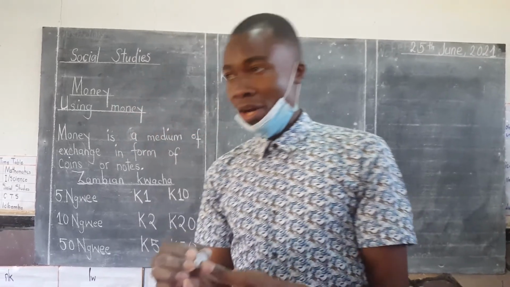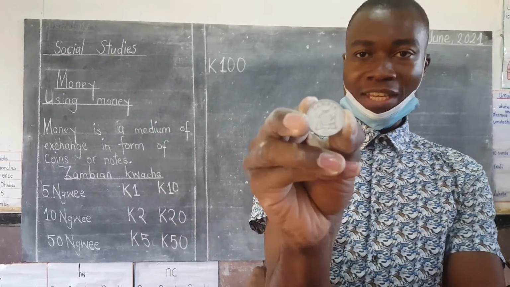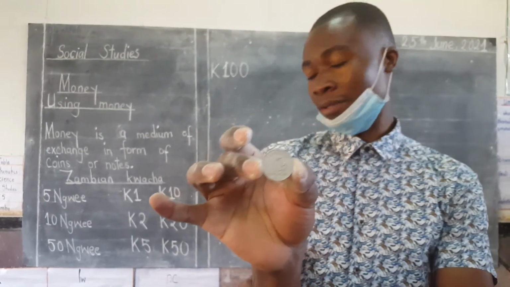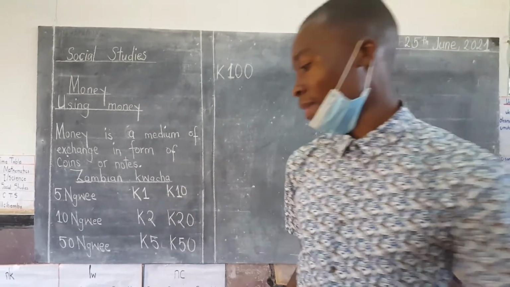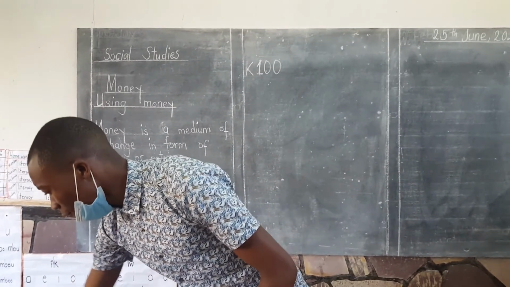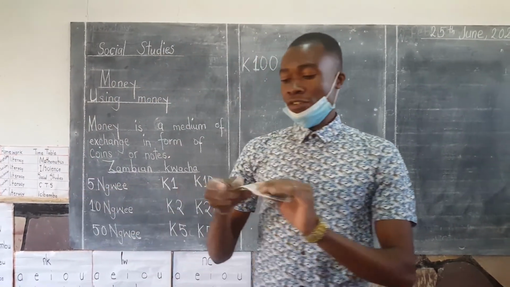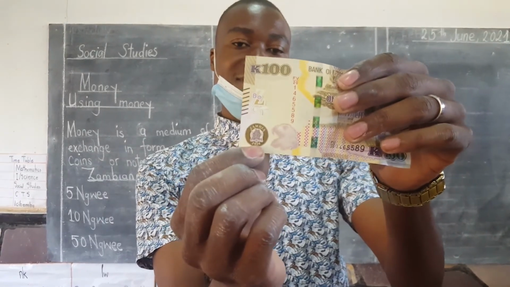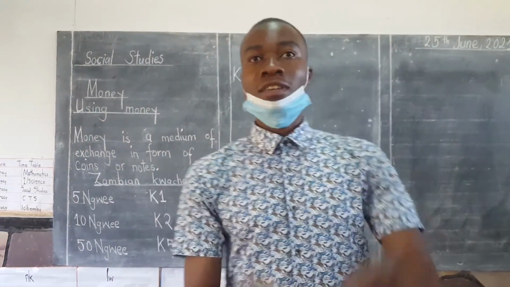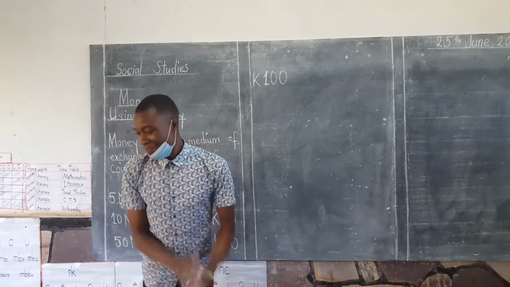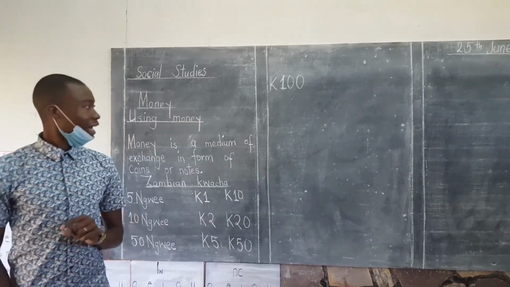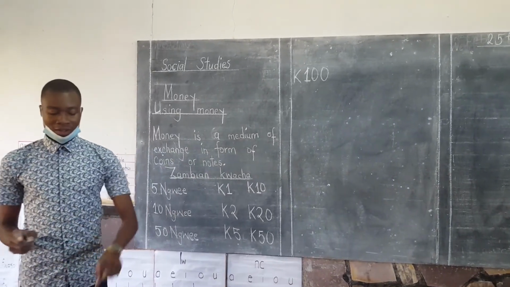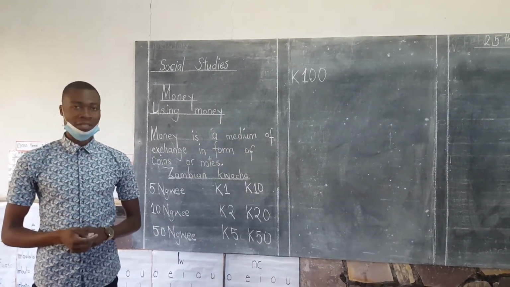Then from a 1 kwacha, there is also something that is also appearing on all the notes. So from this money that I've shown you, on 100 kwacha, there is also that. Now from your observation, I would love you to tell me what is common in all the monies that I've shown you.